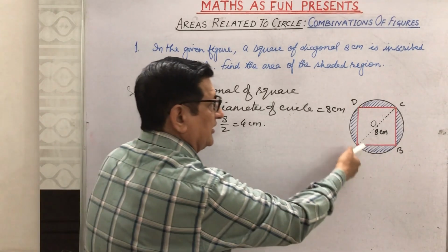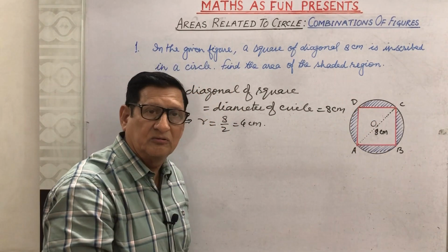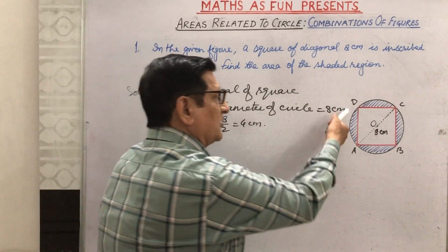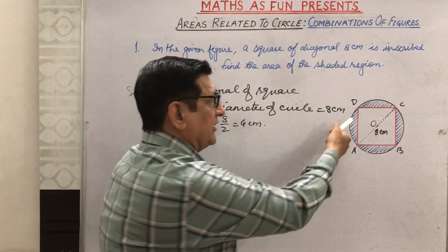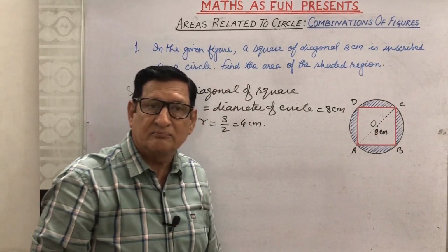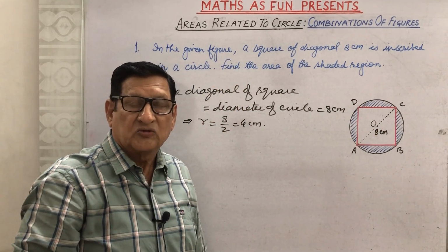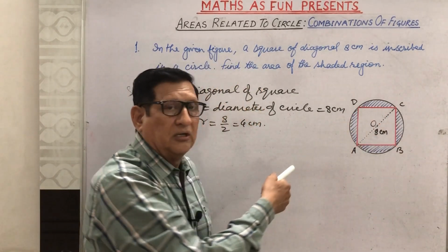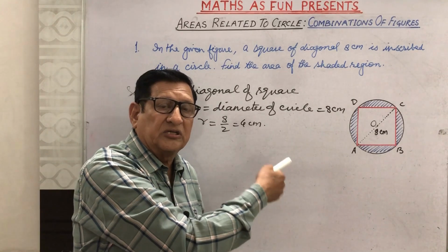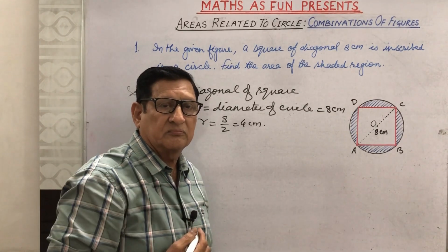And to find out the area of the shaded region, what we should do? We can find out the area of the circle first and then the area of the square and subtract them. So if we subtract the area of the square from the area of the circle, the area of the shaded region will be obtained.